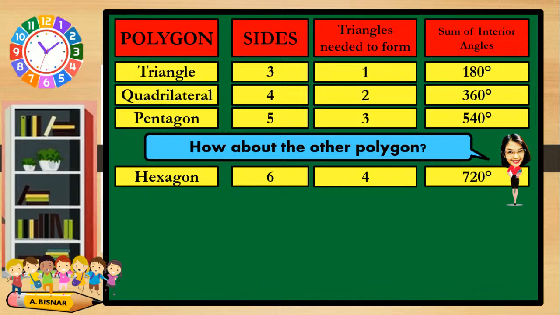If you can really see a pattern, how about with octagon? Octagon has how many sides? Ano po kaya ang magiging sagot?